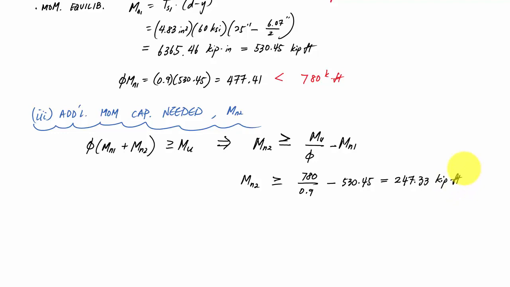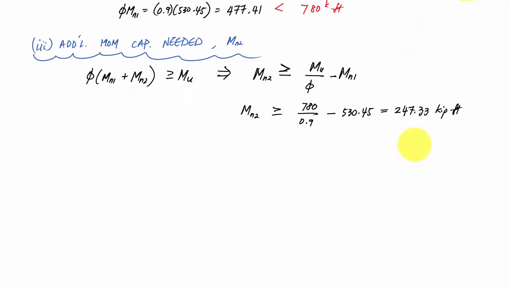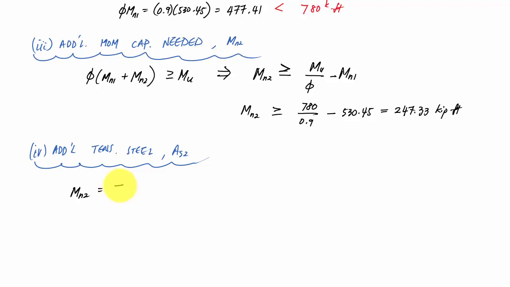Okay, and that means if I look at moment equilibrium, the additional TS2 that I need, so 1, 2, 3, 4, additional tension steel AS2 from moment equilibrium. Mn2 is equal to TS2 times d minus d prime.